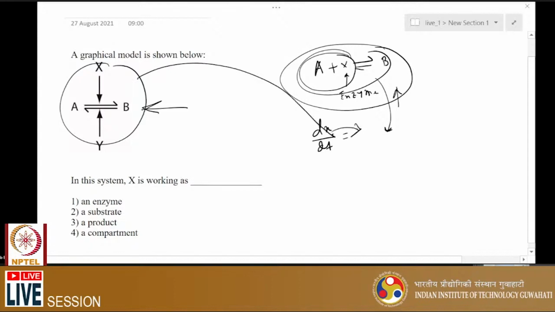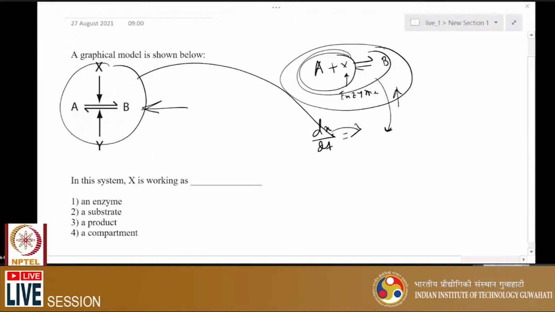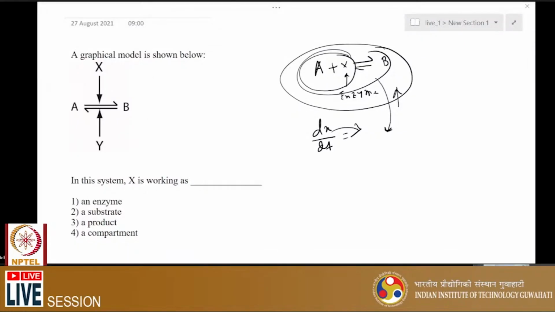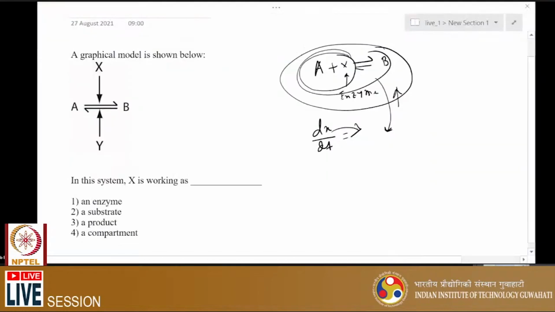To avoid this confusion, we put arrows. The arrow is drawn from X and it goes and hits the reaction path. The arrowhead tells me X is positively regulating. It's an enzyme which is positively regulating this reaction and it does not get affected by that.